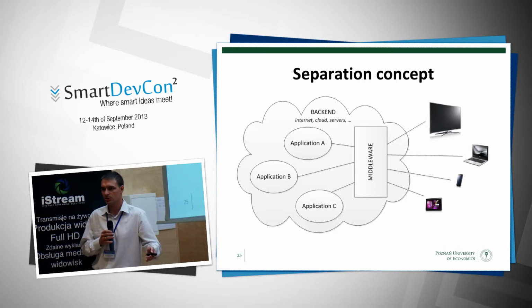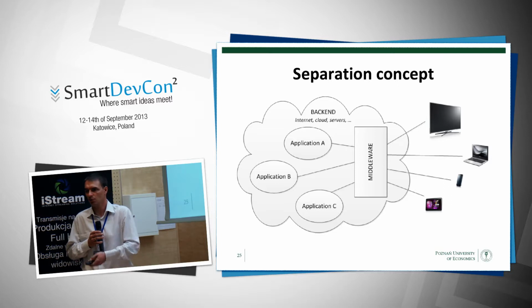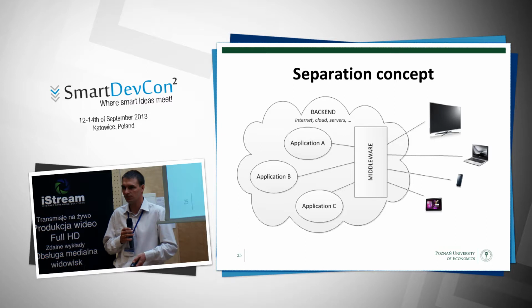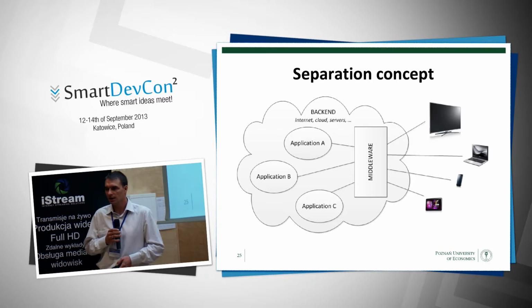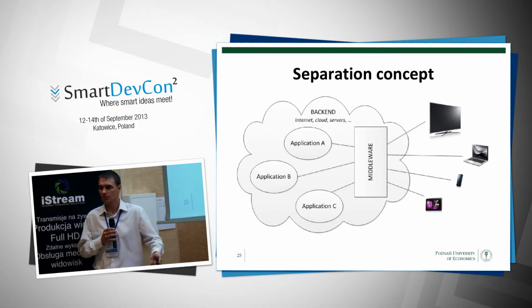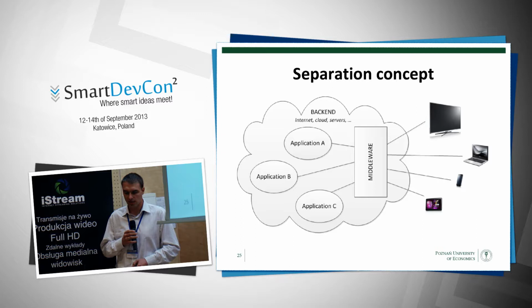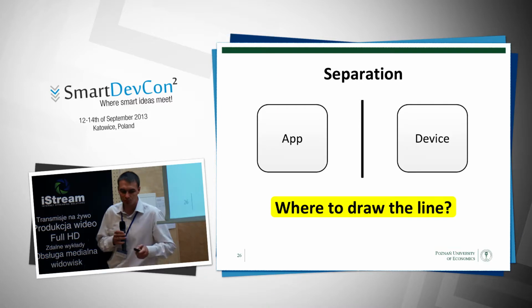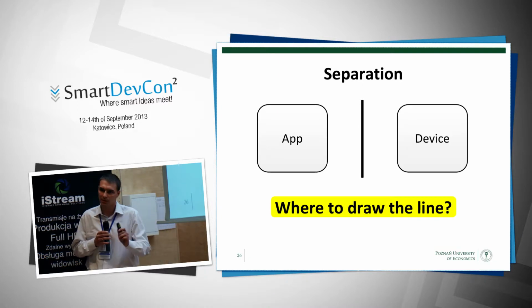Application developers won't have to care about what devices are used to actually run their applications or provide their functionality, and devices can be developed without any relation to different applications. And as with every separation, the main problem is where to draw the line.